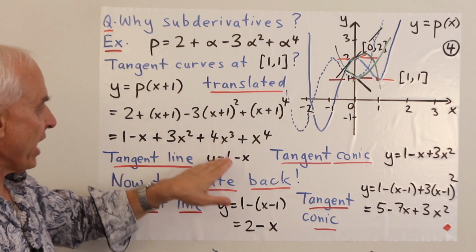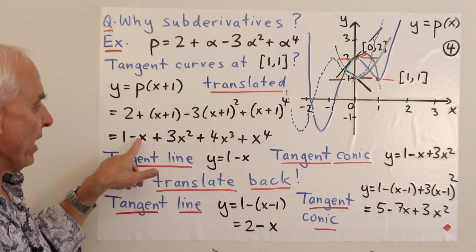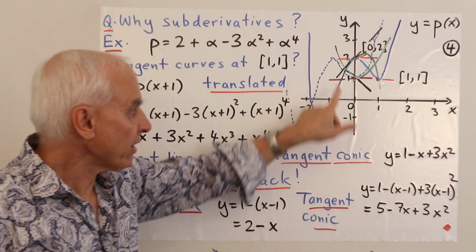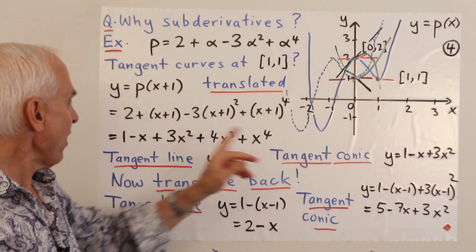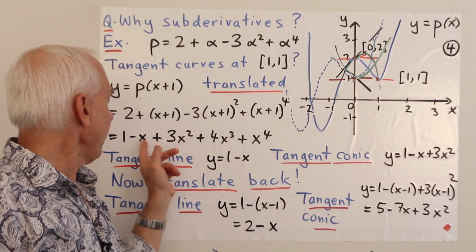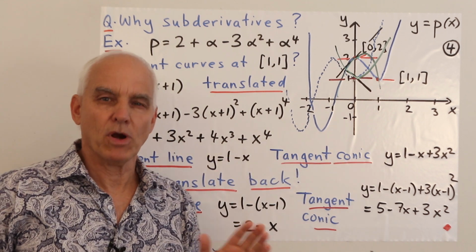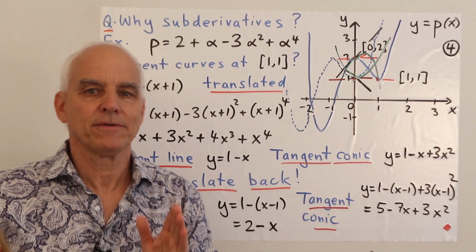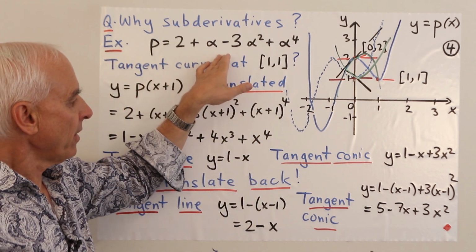So the tangent line, at least we can read off, is y equals 1 minus x, while the tangent conic, this green one, has the graph y equals 1 minus x plus 3x squared. We're just truncating, the same kind of thing that we did up here.